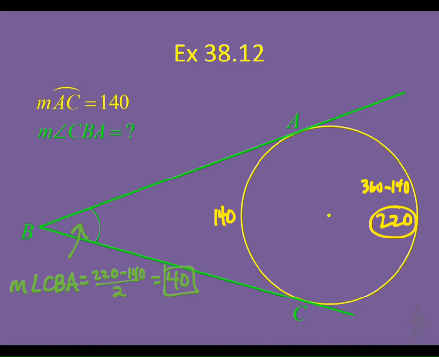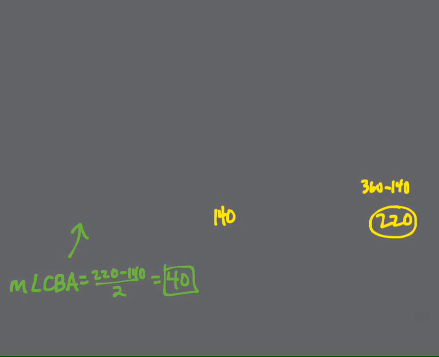Now, this kind of problem gets a little bit trickier, and I don't need you to write this down, but I want to show you the problem. If we were doing the opposite, and by opposite I mean if I give you the measure of the angle and you have to find the measure of one of the arcs, so let's say the measure of this angle right here is 40 degrees.